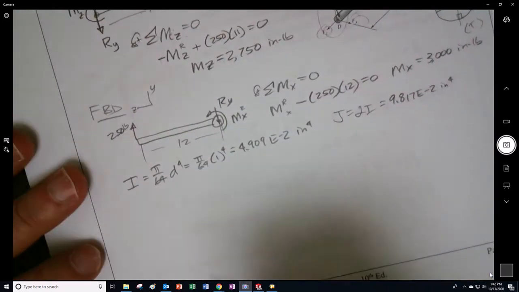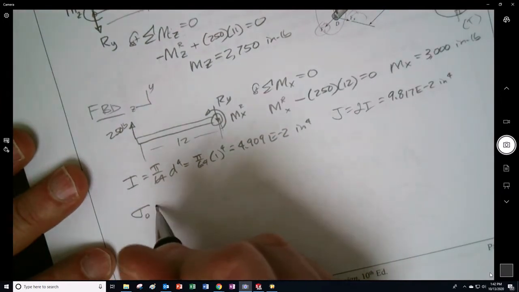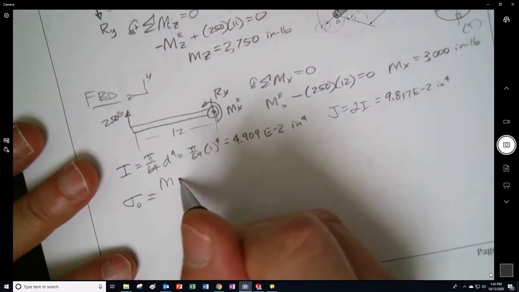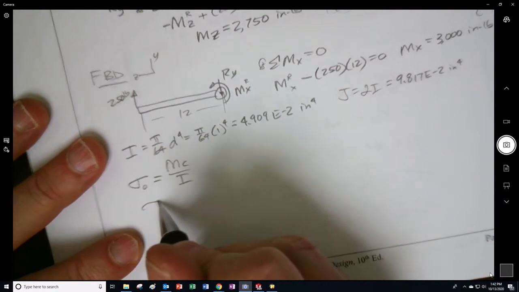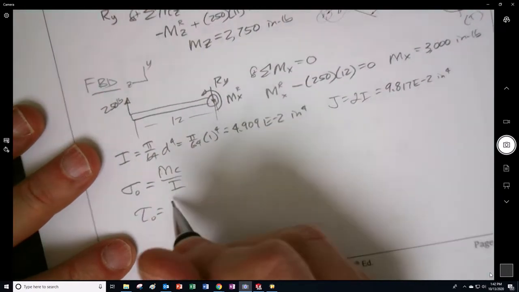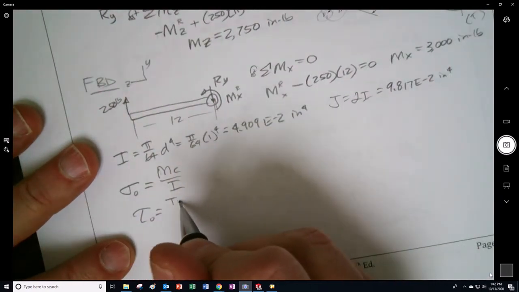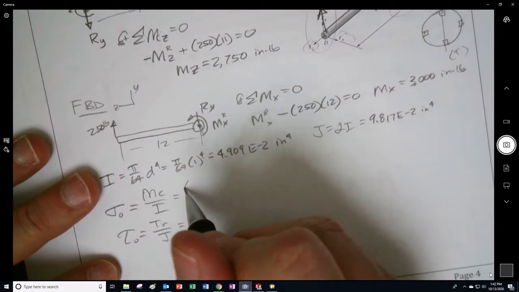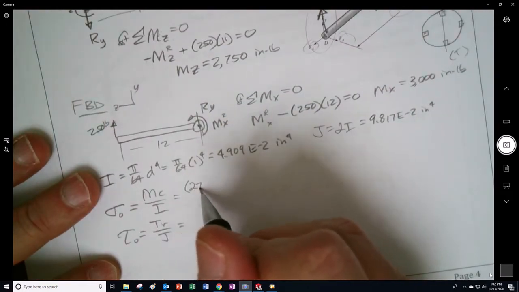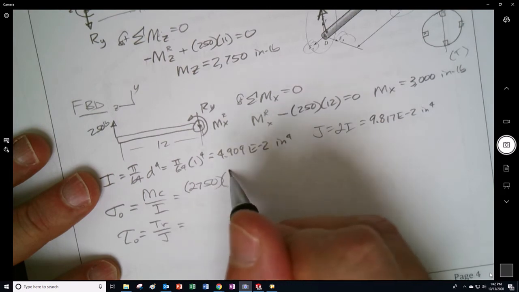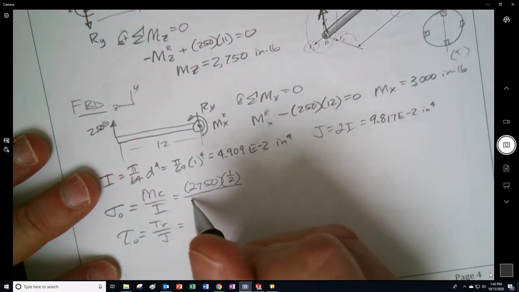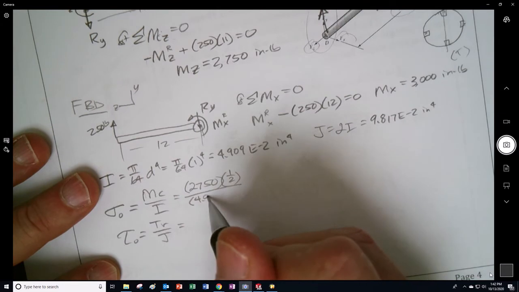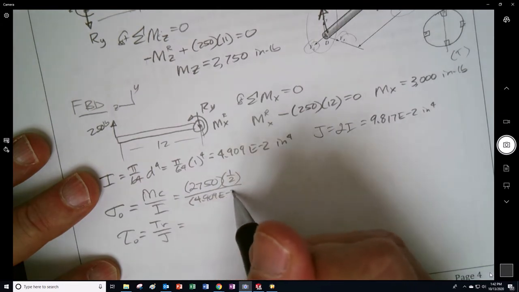So the nominal stress right here is going to be Mc over I, and tau is going to be Tr over J. And so we get 2750 times 1 over 2 over 4.909 e minus 2.